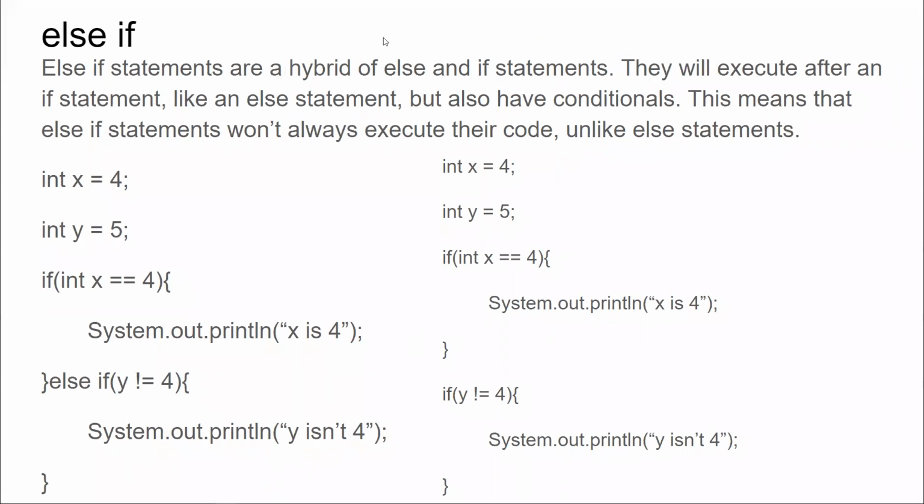To put it simply, with else if, the program only checks the second part if the first part isn't true. So in this case, x is equal to 4, y is equal to 5. The program is going to come down here, see that x is equal to 4, so we're going to print this. And, this is something very important, it's going to completely disregard this bottom side, since we already have this as completed, so we don't need to check additional things.